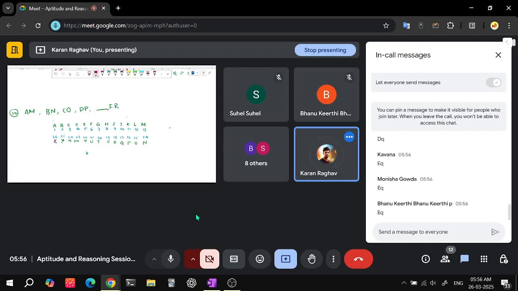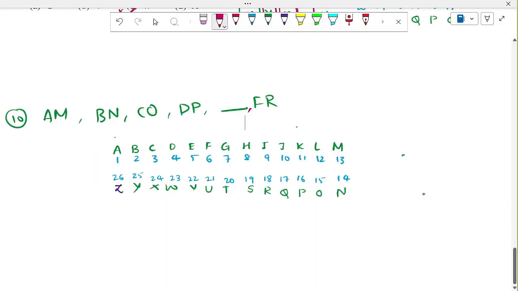Kavana says EQ, Monisha says EQ, Bhanu EQ. Okay.